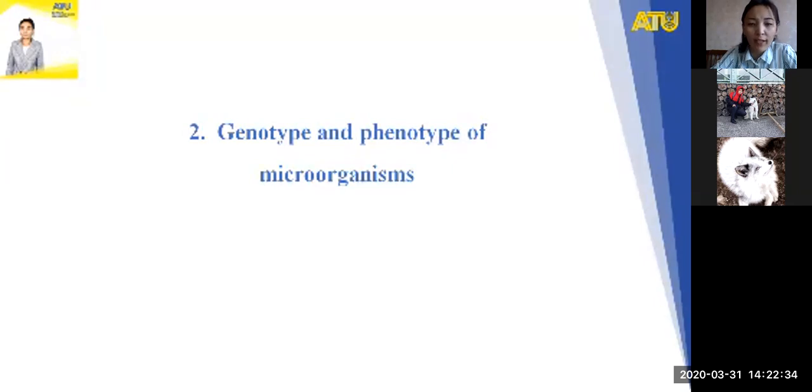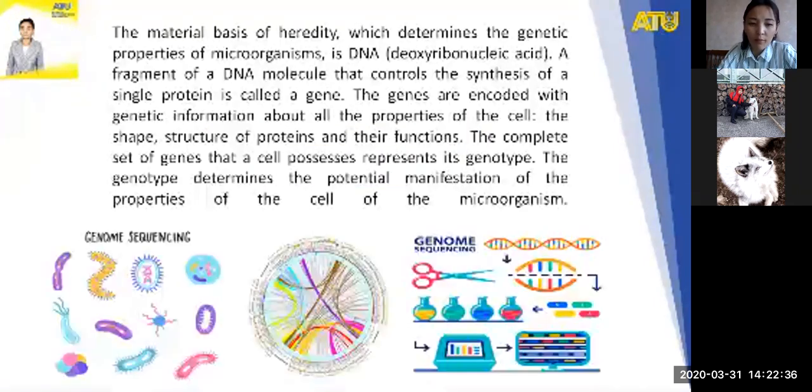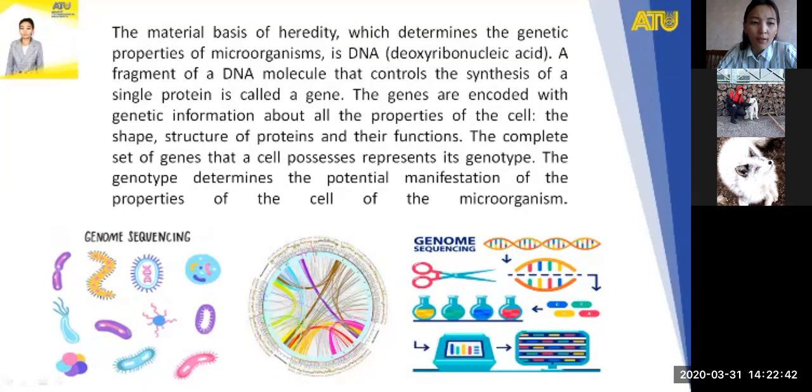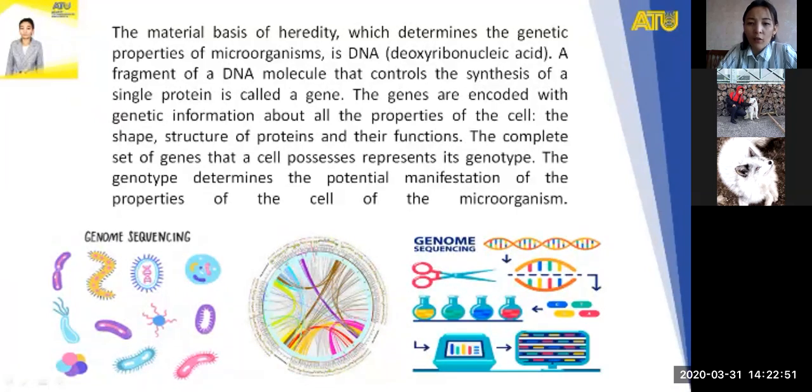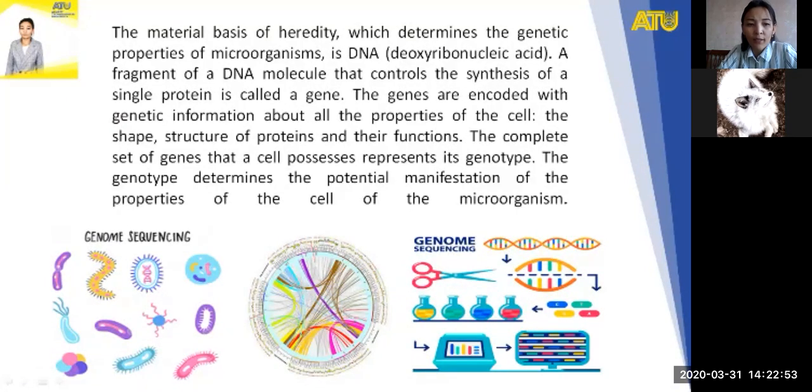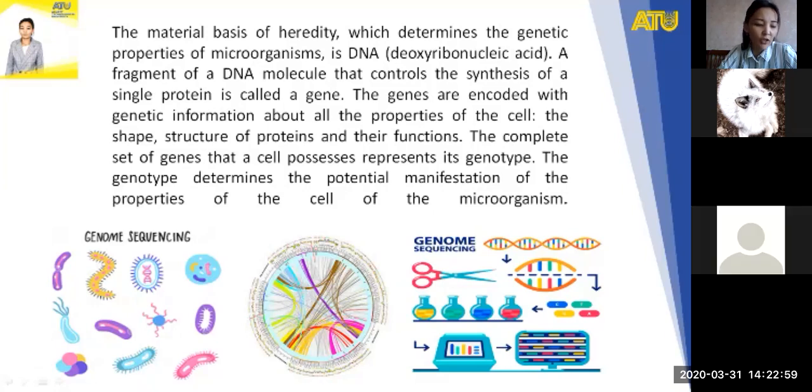The second topic: genotype and phenotype of microorganisms. The material basis of heredity, which determines the genetic properties of microorganisms, is DNA, deoxyribonucleic acid. A fragment of a DNA molecule that controls the synthesis of a single protein is called a gene.